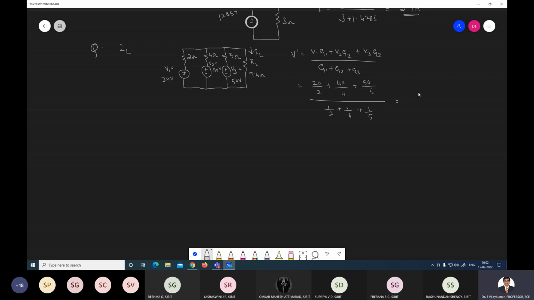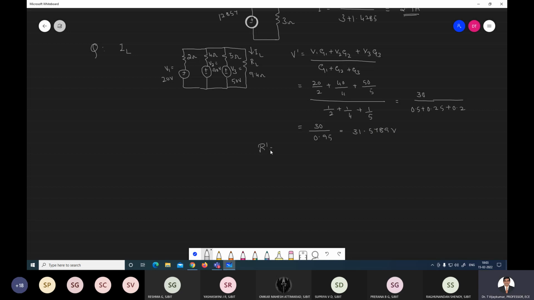After simplification, we'll get 30 divided by 0.95, that is equal to 31.5789 volts.